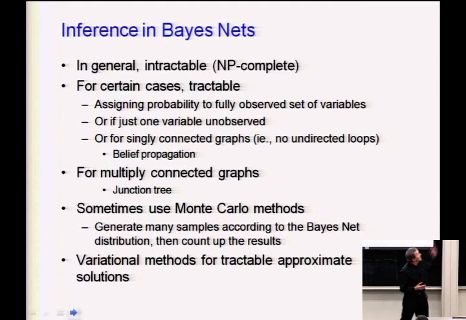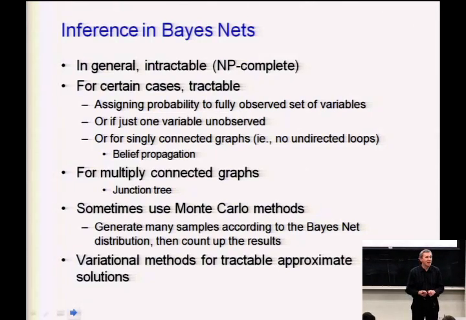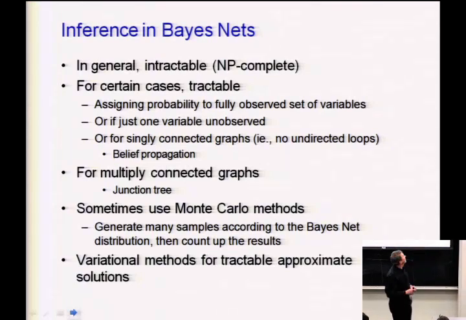Okay, so the story on inference is kind of sad, to be honest. I wish I could stand here and tell you Bayes nets make probabilistic inference easy, but they don't. It's still NP hard in the worst case. And as I mentioned, in some cases, it's tractable.